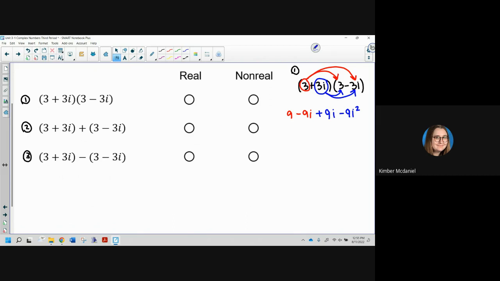At this point, I'm going to do 2 different things. I'm going to combine like terms and also change that I squared that we have to negative 1. Now, what do we notice about our negative 9i and our positive 9i? What happens with those? They cancel because they've got the same coefficient, just opposite signs. So I'm not going to mark mine out just so that way you guys can see this.